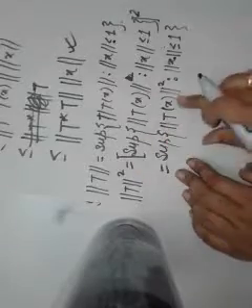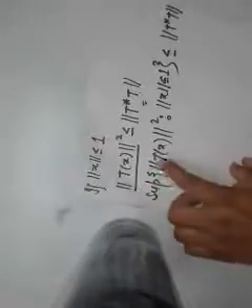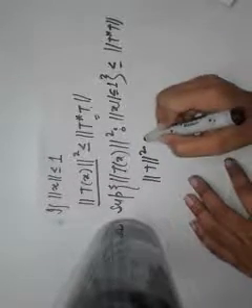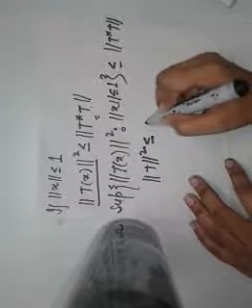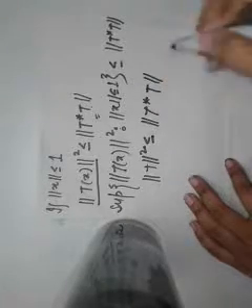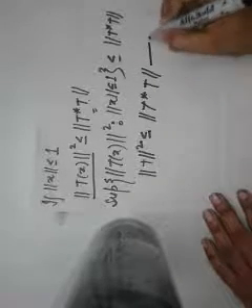Now we know that this is equal to this, so this will get replaced by norm of T whole square, which will be lesser or equal to norm of T star T, which is equation 2.